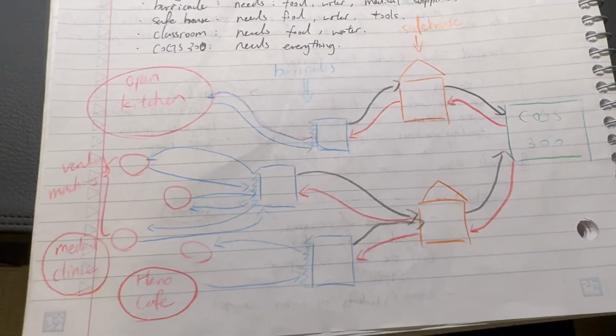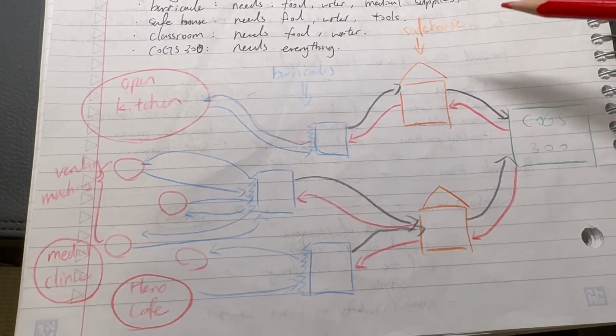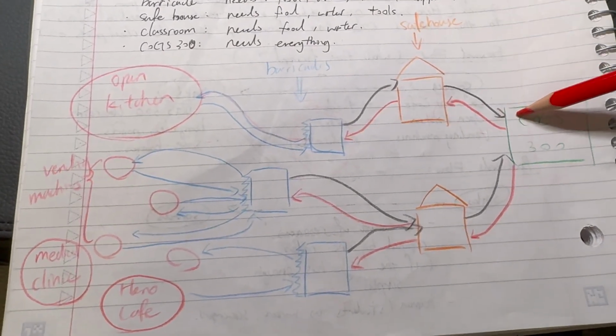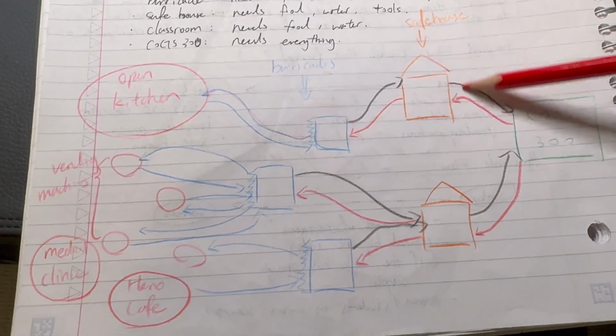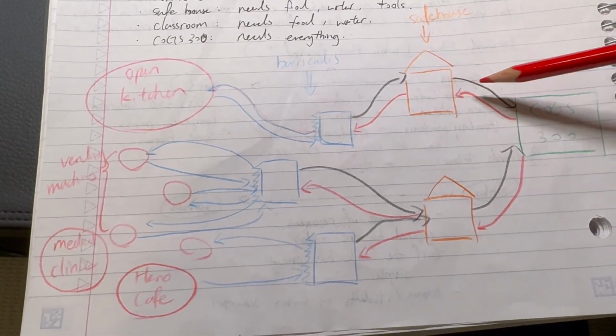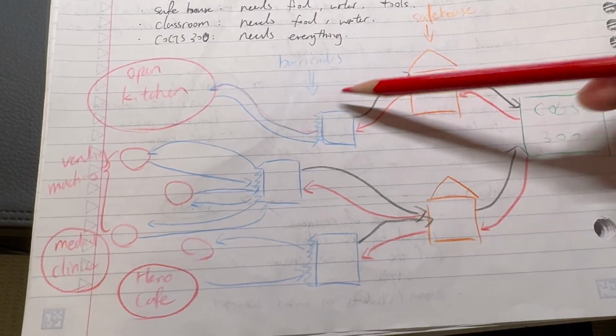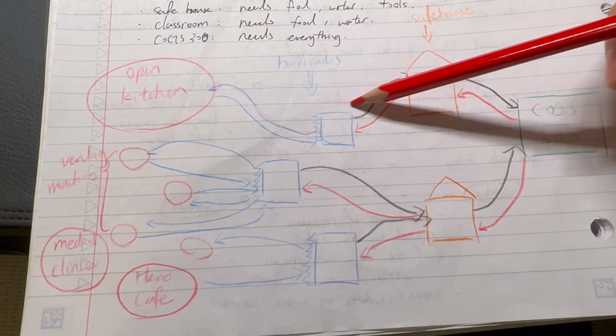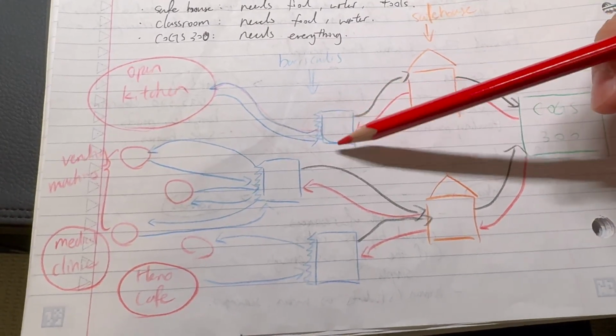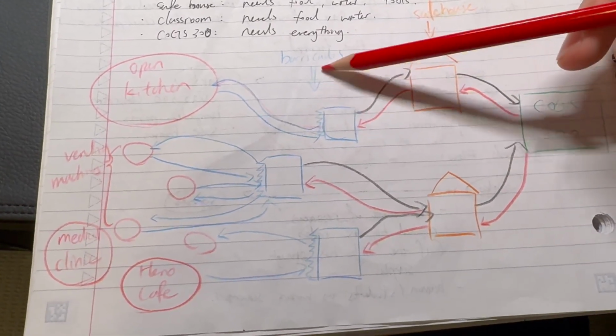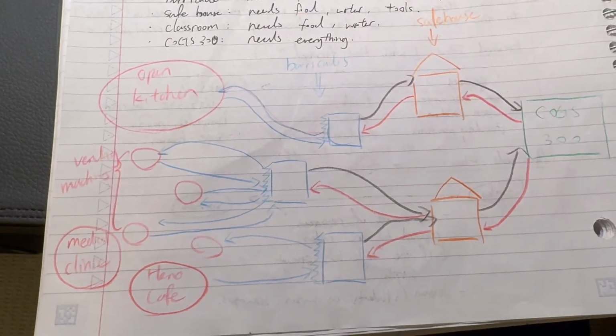So the emergence effect is here. If the surplus after distributing to every safe house is enough for sustaining this barricade for 1 day, then it will create a new barricade node here.